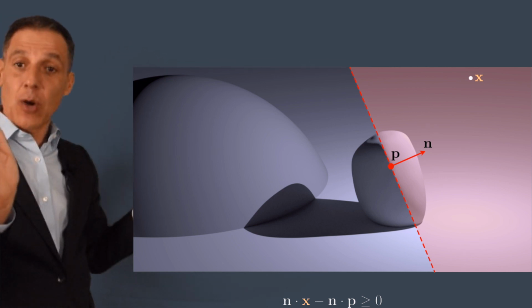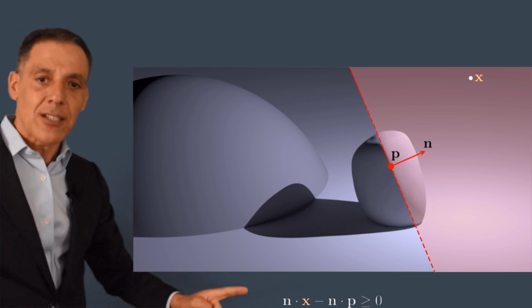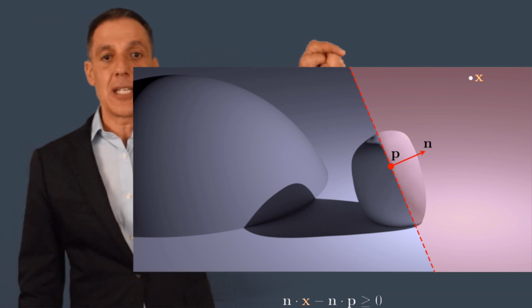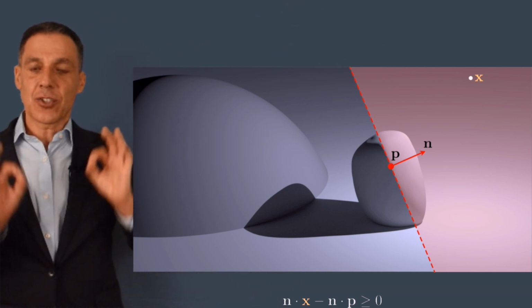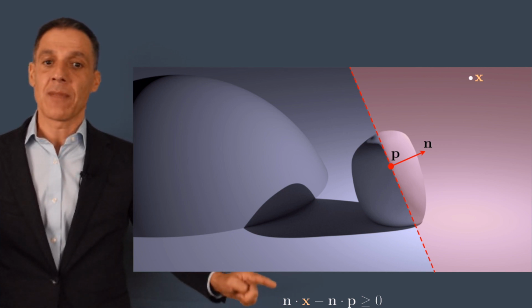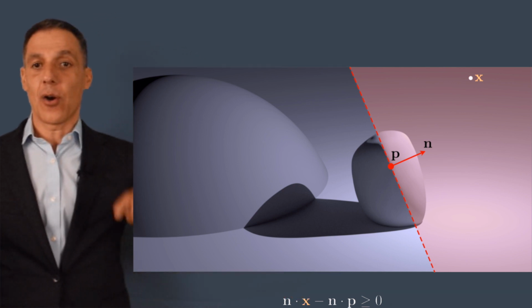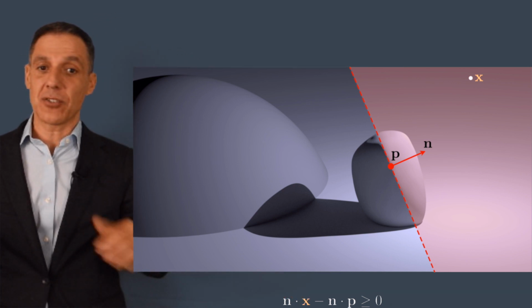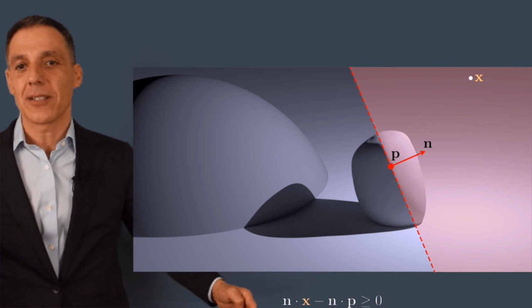If the angle is between minus 90 and 90, I'm in the half plane. So that little equation says that for a given p with terminator, with surface normal n, I can constrain the projection of the light source so that it must satisfy this inequality. Again, n is known, p is known, x is unknown, and we're going to start stacking up these constraints and ask: is there an x that satisfies all of the constraints?